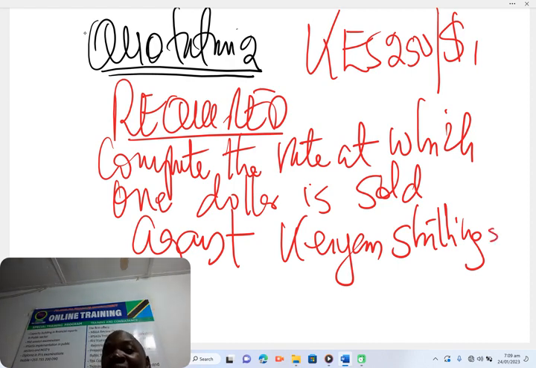Compute the rate at which $1 is sold against Kenyan shillings. Do you understand what I'm saying?